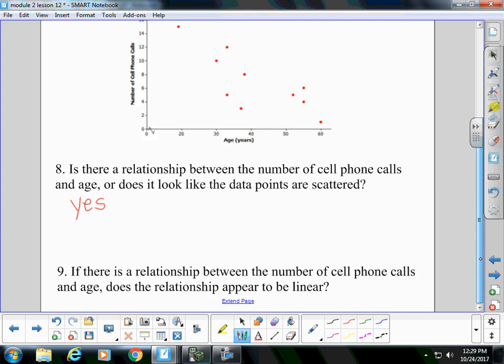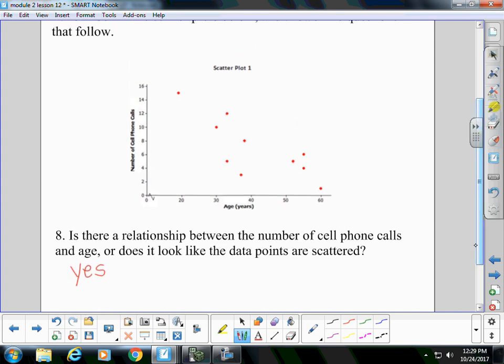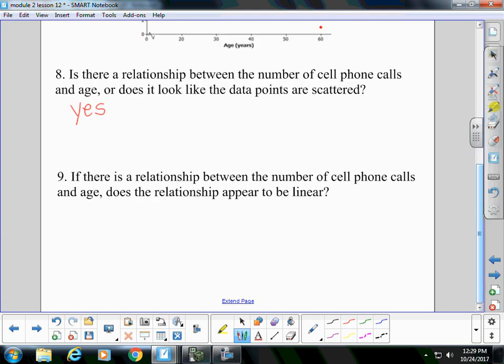If there is a relationship between the number of cell phone calls and the age, does it appear to be linear? And again, I would say yes, this appears to be a linear relationship. Later on in this book, we're going to talk a little bit about whether it's a strong relationship or not. A strong relationship is going to be what appears to be closer to a straight line. But anyway, that's not what we're talking about today. I would just say yes, it does appear to be a linear relationship.